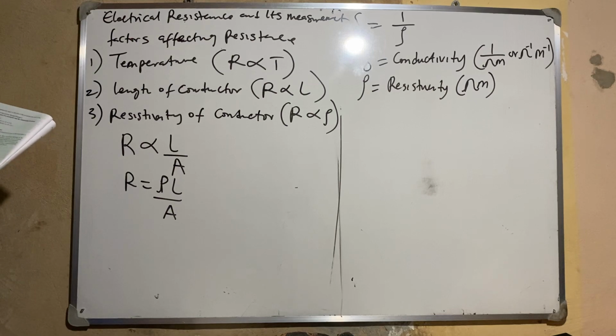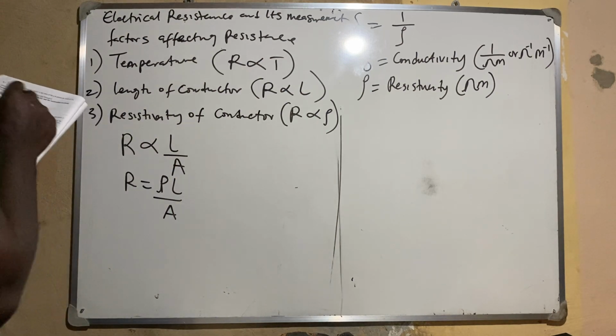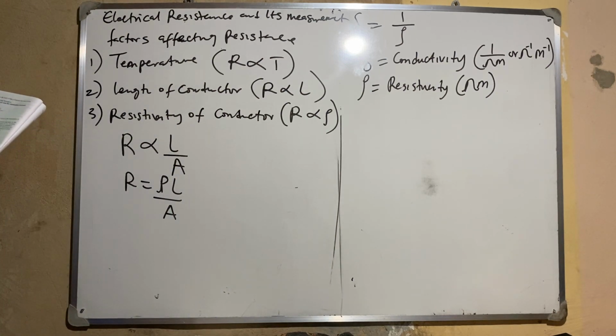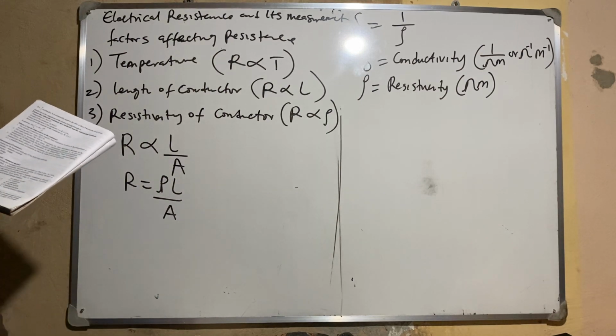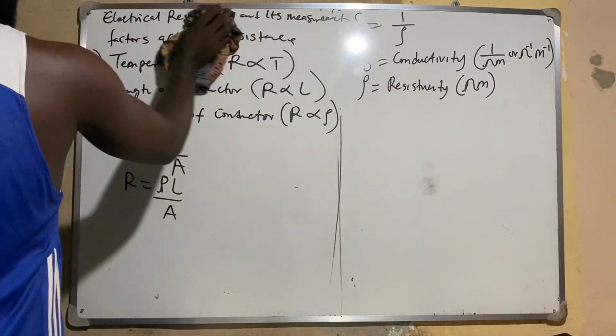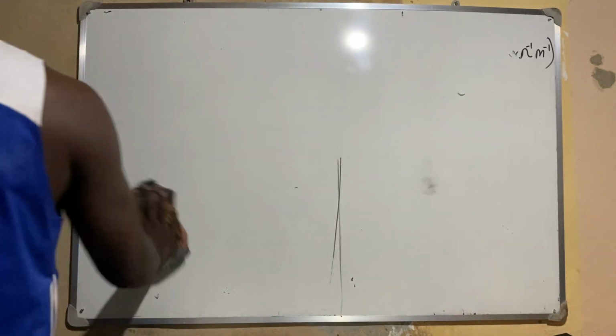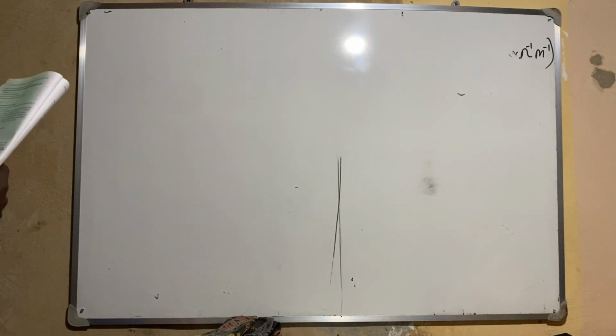In other words, they have a negative temperature coefficient of resistance. For alloys, the resistance is independent of the temperature. So for an alloy, the resistance is independent of what? Temperature.